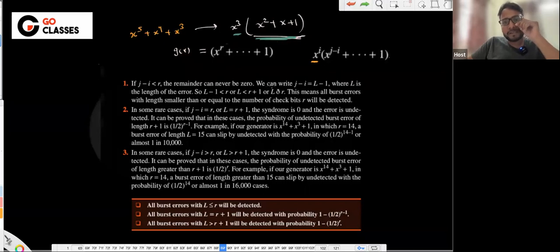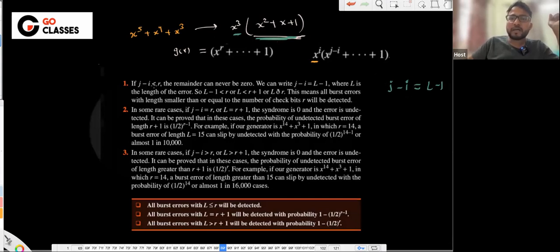Okay, so we can write j minus i equal to L minus 1, where L is the length of the error. So here this is 2, then the error length is actually 3. So basically j minus i is L minus 1. If the worst error length is L, then j minus i is actually L minus 1.